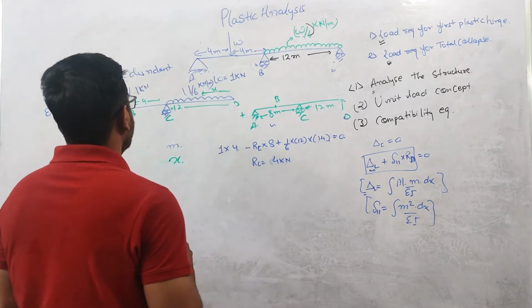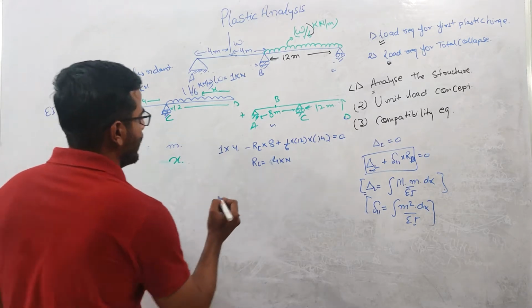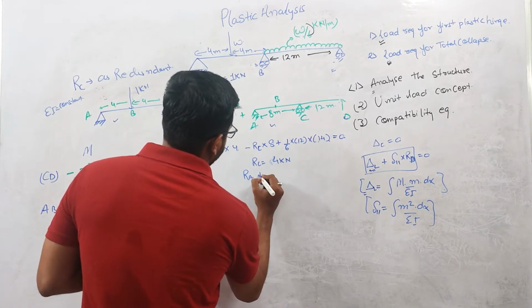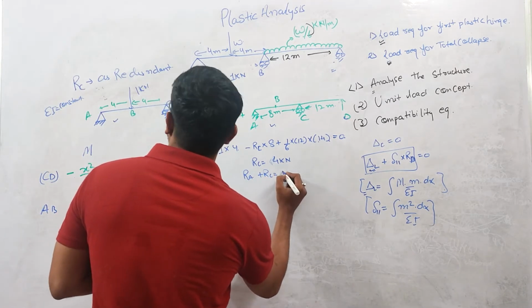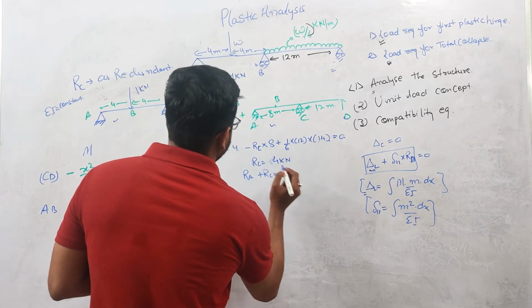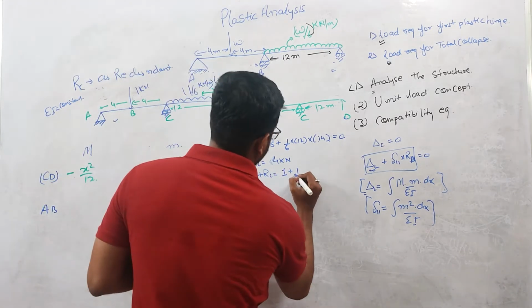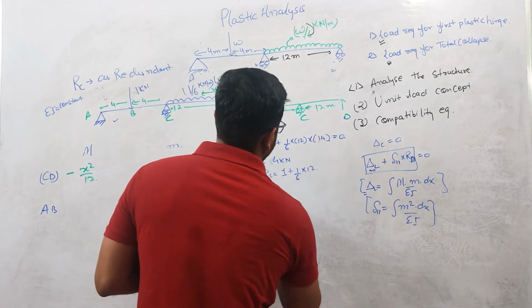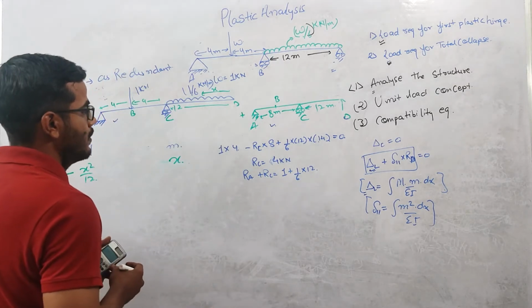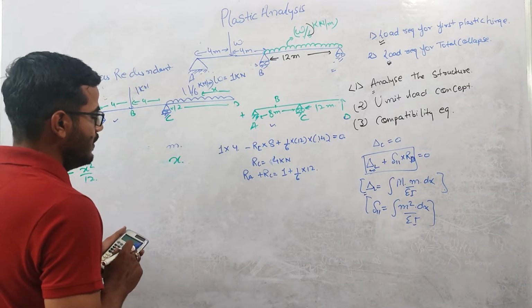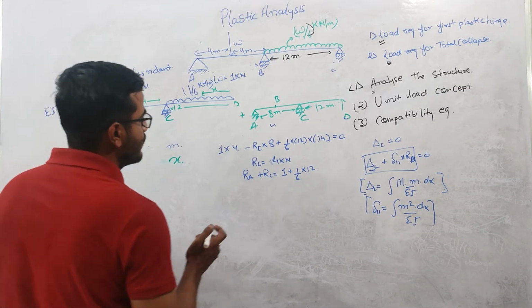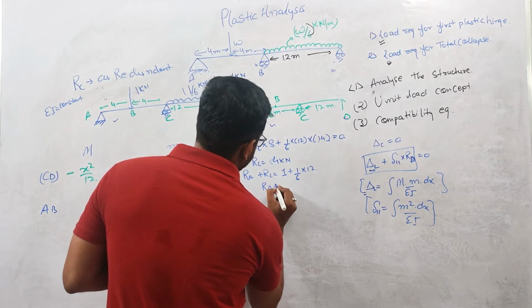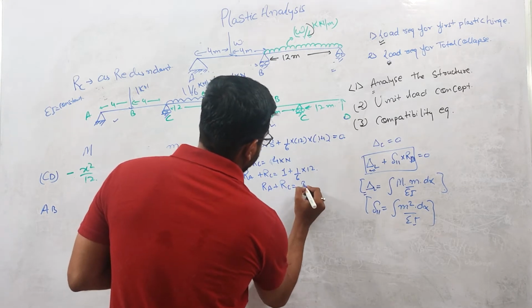Okay, so if RC is 4 kilonewton, I can write RA plus RC equals to how much it is? 1 plus 1 by 6 into 12. Okay, so RA plus RC is equal to 3.